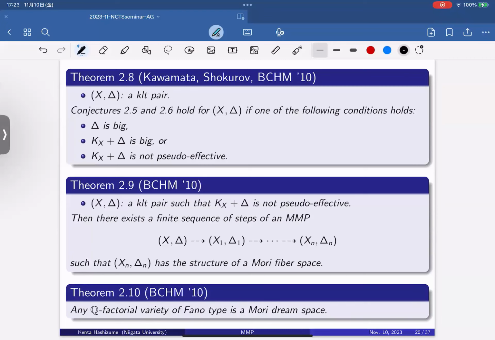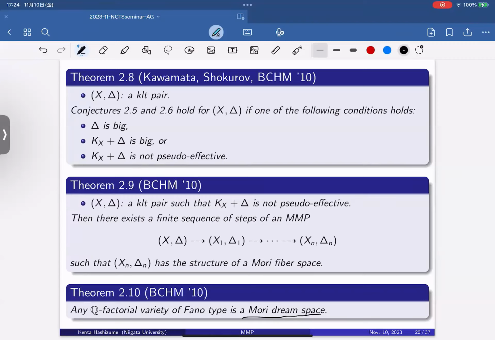Another important corollary is that any Q-factorial variety of Fano type is a Mori dream space. Here, a Mori dream space is an ideal variety from the viewpoint of minimal model theory.